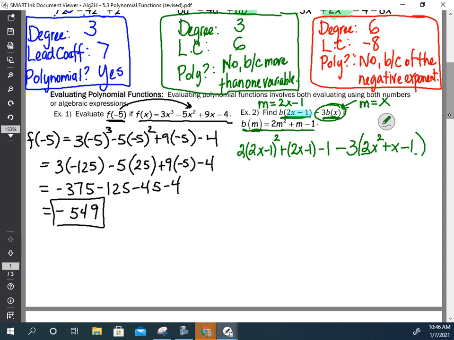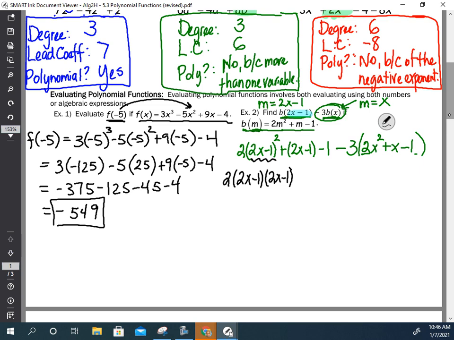But now that we have everything plugged in, we can go ahead and solve it. So 2x minus 1 squared. Remember, if something is squared, you need to write it twice. You should not just be distributing the squared in.